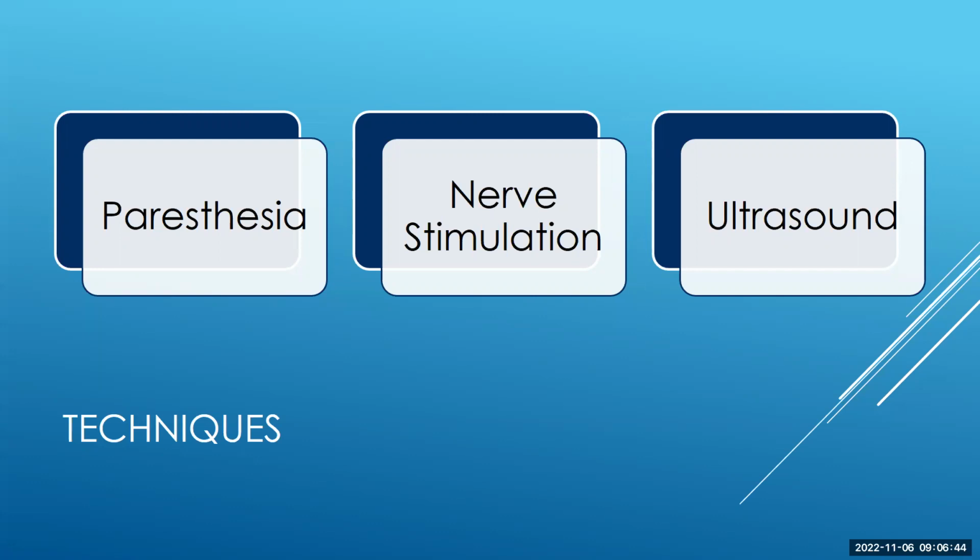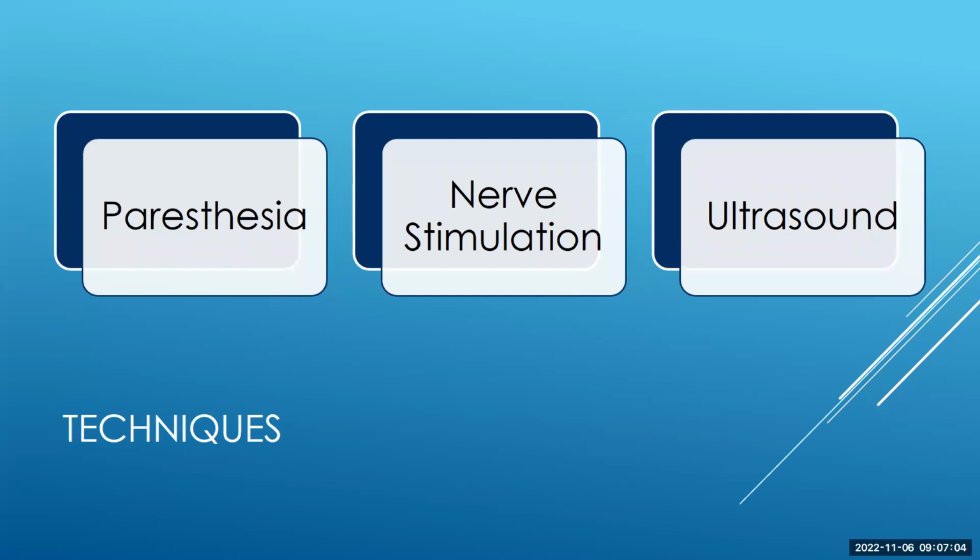Then we progressed to the nerve stimulation technique, where roughly the same type of beginning, but instead of eliciting paresthesia, we were looking for nerve stimulation, and you would elicit a motor response that was expected for the desired target nerve.